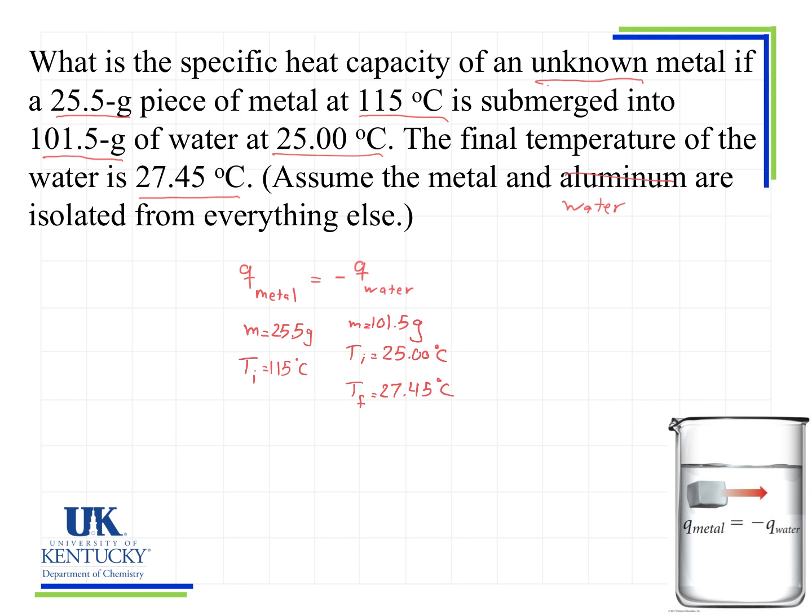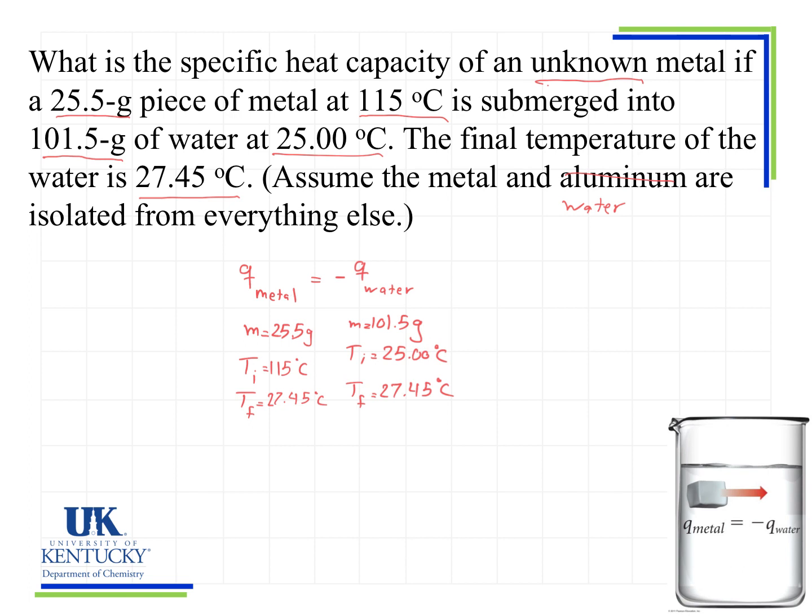Yes, it's the same temperature, right? Because we said they transfer heat until they have the same temperature. So the final temperature for metal should be the same as water, 27.45 degrees Celsius. Okay, so for Q of the metal, you know that the Q is MCΔT, right?